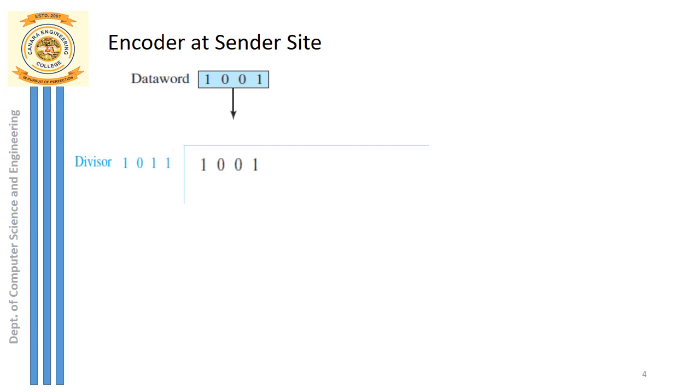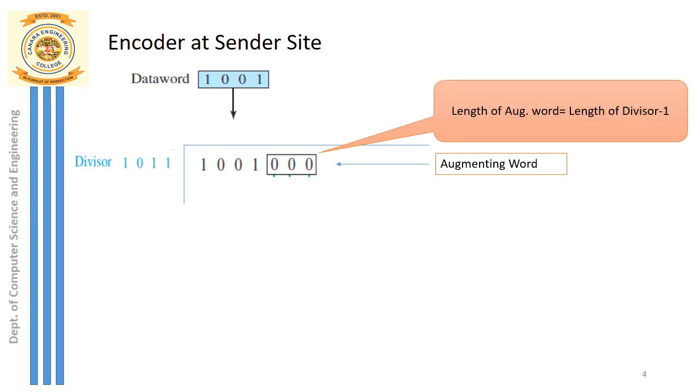The data word is 1001, and before we start the division operation, we append the augmenting word to this data word. In this example, we have a 4-bit divisor, that is why we append 3 zeros, which is called the augmenting word. The length of the augmenting word is equal to the length of the divisor minus 1, that is 1 less than the number of bits in the divisor.